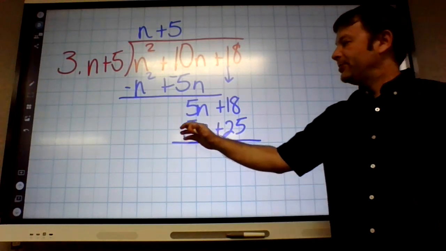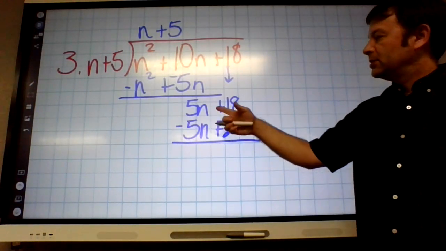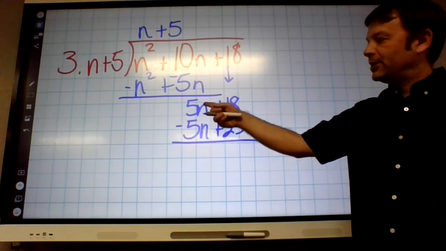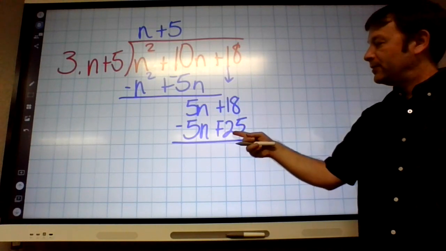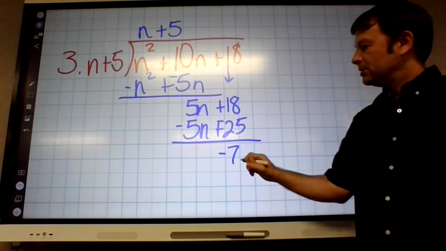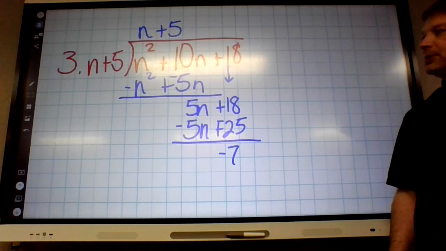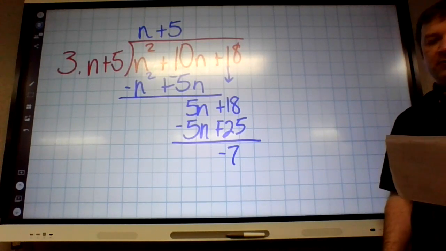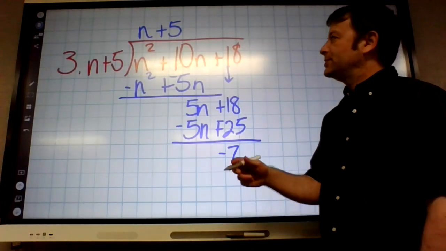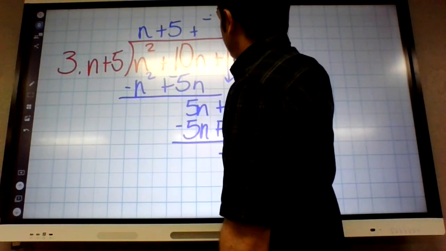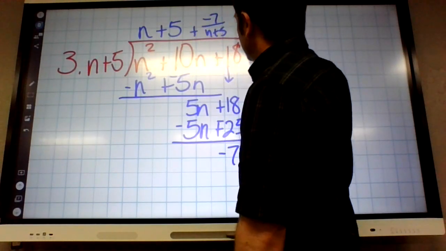But we're subtracting the bottom line. First term goes away every time. 18 minus 25 is negative 7, and that's the remainder. I'm pretty sure all of these have remainders. So I'm going to put the remainder over n plus 5.